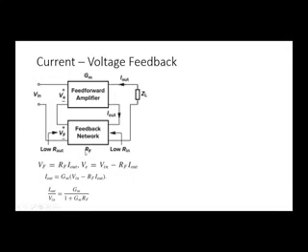It is important to note that a GM stage must be terminated with a finite impedance ZL to ensure that it can deliver its output current. If ZL tends to infinity, then the GM stage would sustain a finite output voltage.